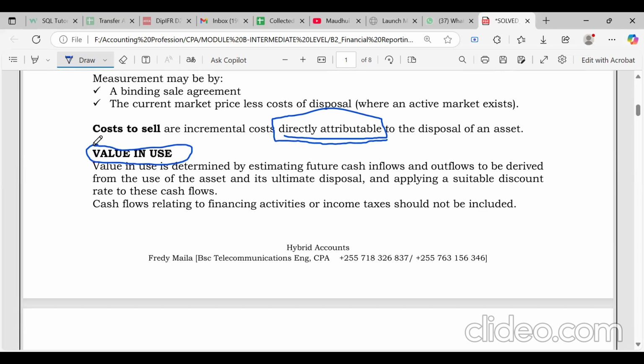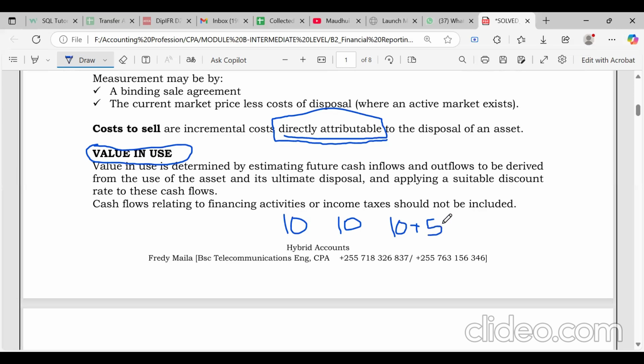Now, as for value in use, like I told you, it will result to the concept of time value of money and you determine the present value of future cash flows. So you can say maybe at the first year I'm going to get 10 million, the second year 10 million, the third year 10 million, but then after this 10 million of cash flows, maybe I'm going to sell my asset. After having consumed it to the fullest, maybe I'm going to get 5 million.